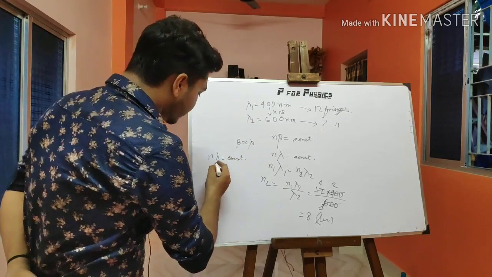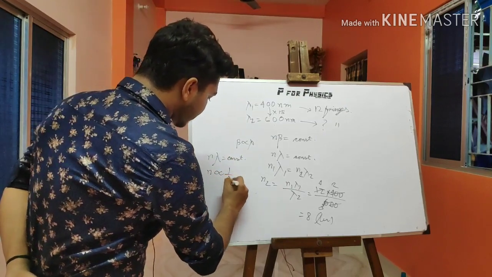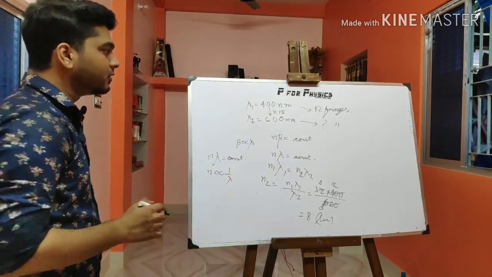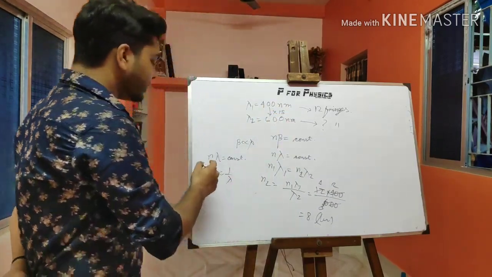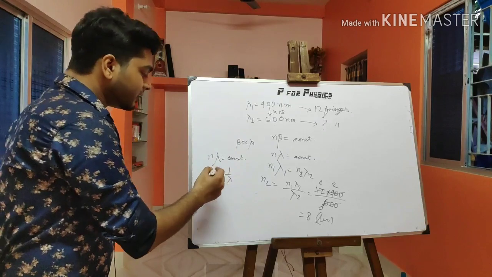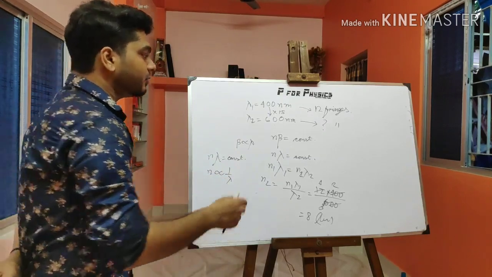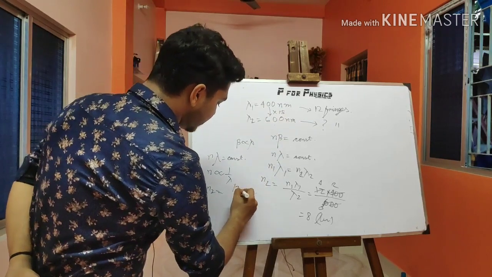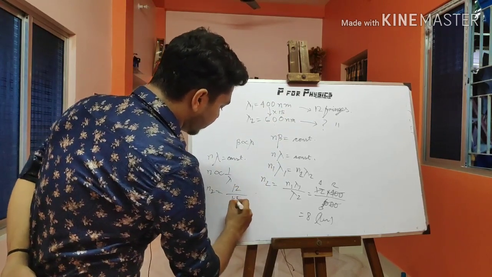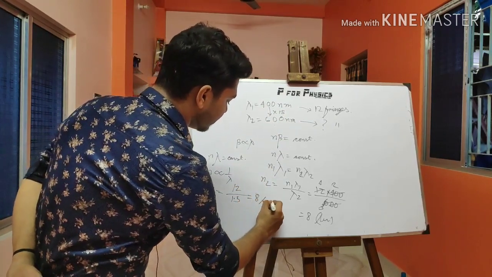If we change this equation, n goes as 1 by lambda. So if we multiply lambda by 1.5, we obviously have to divide n by 1.5. So what I simply do: n2 equals 12 fringes divided by 1.5, and we get 8 fringes, which is our answer.